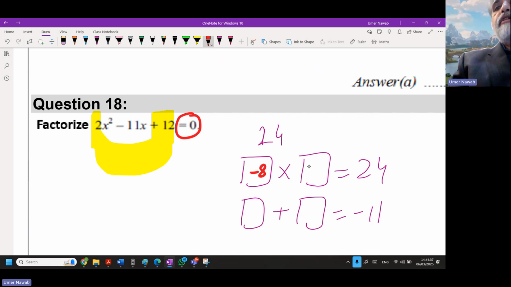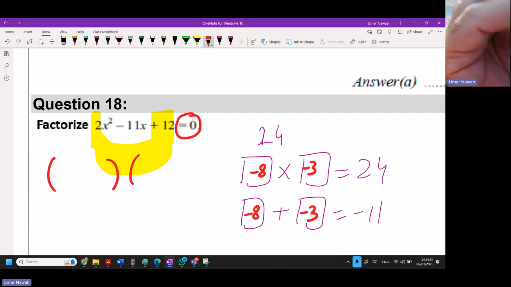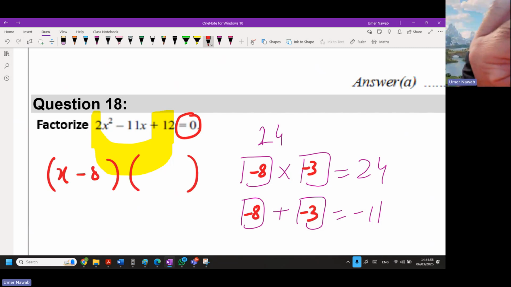Negative 8 and 3? Unfortunately, no. If I multiply negative 8 with negative 3, then it gives you 24. And if you add negative 8 and negative 3, it gives us negative 11. So I'm going to write the two factors, x minus 8 and x minus 3.